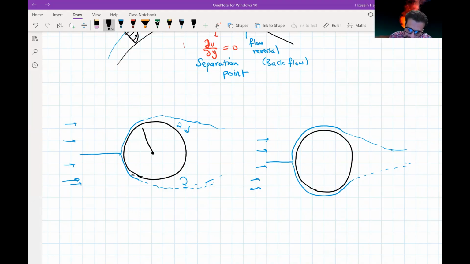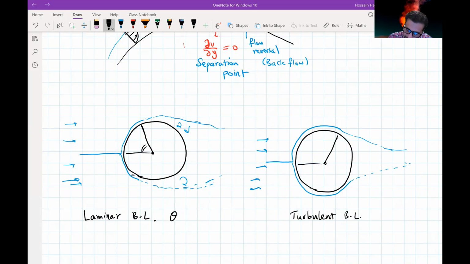If I find the angle at which the separation happened, this is the laminar boundary layer, and this is the turbulent boundary layer.